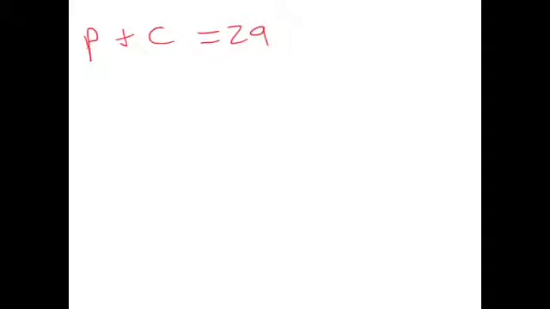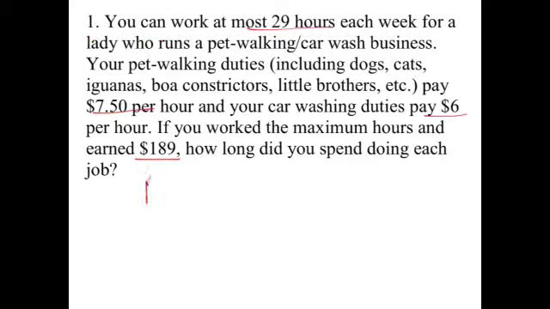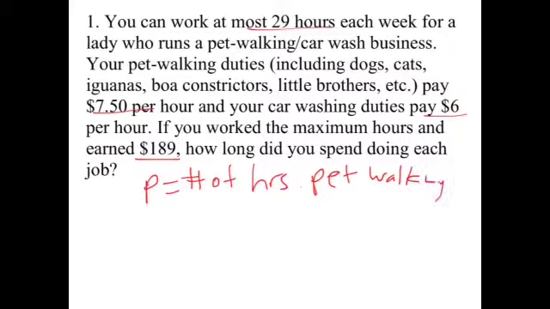And so I'd make a note here that P is going to be the number of hours walking pets, and we'll say C is the number of hours washing cars.